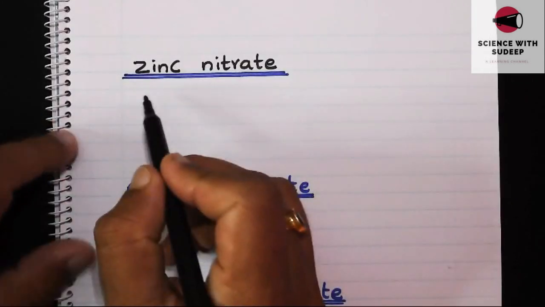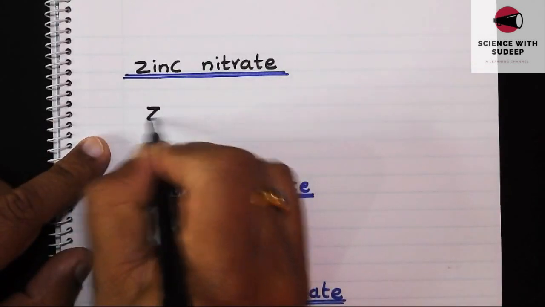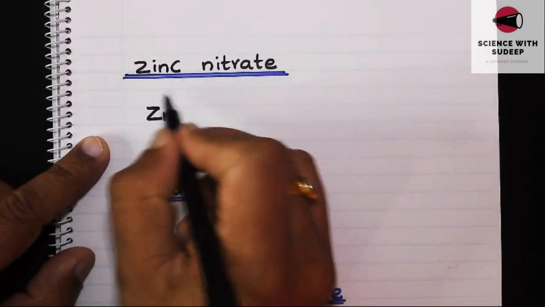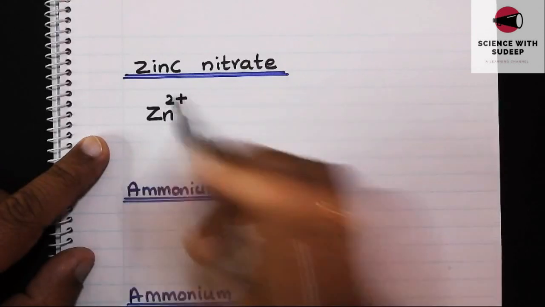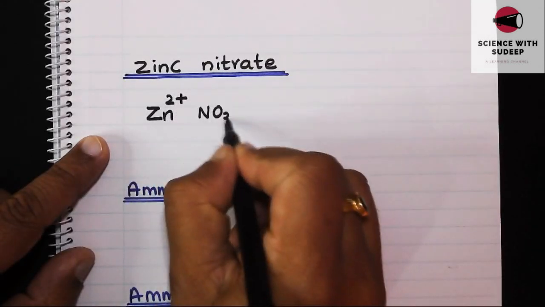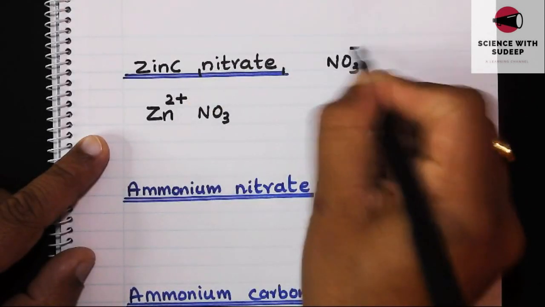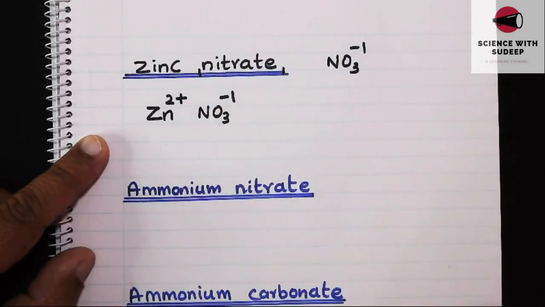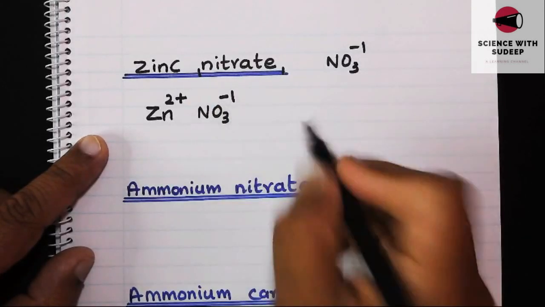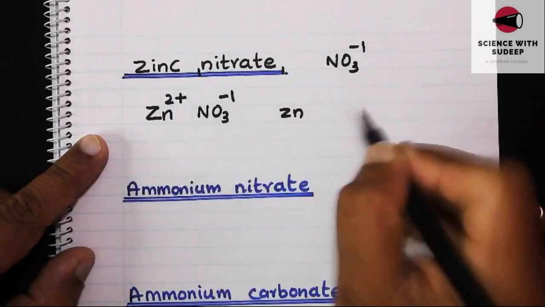The next example is zinc nitrate. Zinc, the chemical formula is Zn. It is 2 plus, positive 2. Nitrate is NO3. Nitrate is a compound ion. NO3 is negative 1. That is nitrate. This one will come underneath zinc, and this 2 will go there.